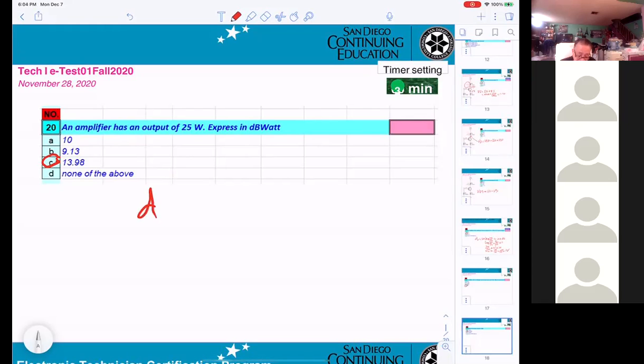Now, dB watt, what is the formula? N times log of whatever P divided. That's the dB watt formula.